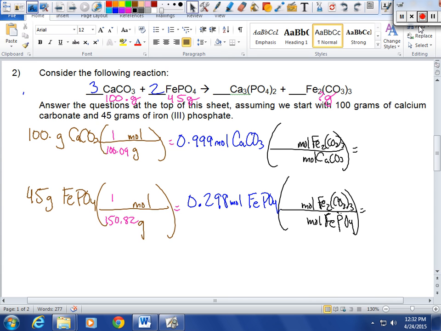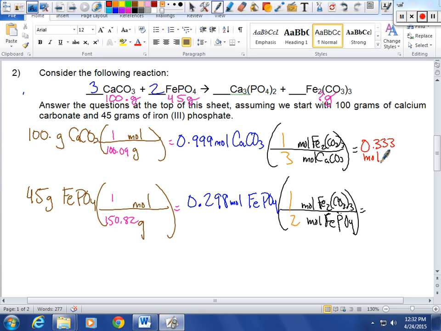All right, so what'd you get for the mole-to-mole on the top one? Hang on, no, the mole-to-mole. 1, come on, Mr. Penn. 1/3. What about the mole-to-mole on the bottom? 1/2. All right, so what was your number of moles on the top one? 0.333. You didn't even really need a calculator on that one, did you?